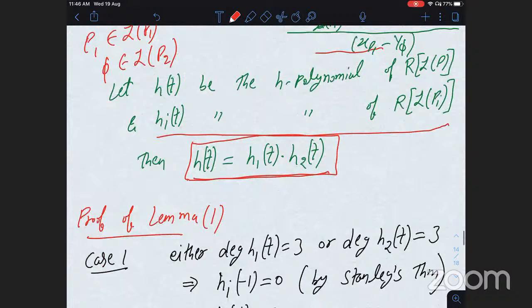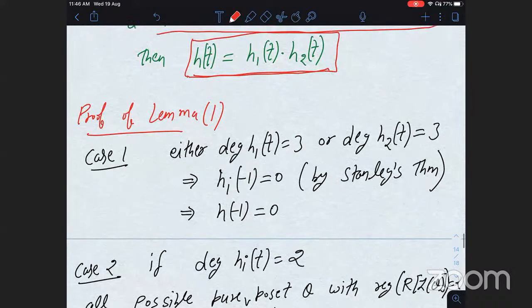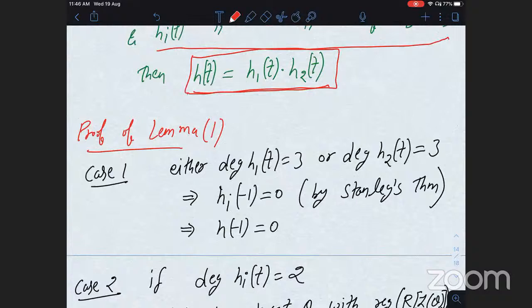So case 1: note that the degree of H(t) is equal to 4, because we are in the regularity 4 case, where the regularity of the Hibi ring is 4. So either the degree of H1(t) is equal to 3 or the degree of H2(t) is equal to 3. So consider this particular case.